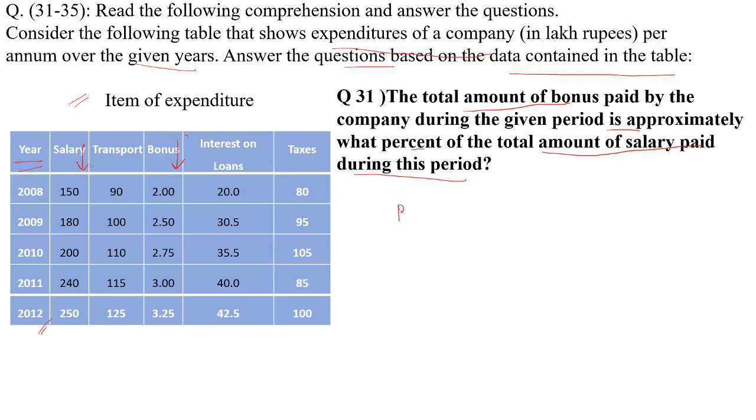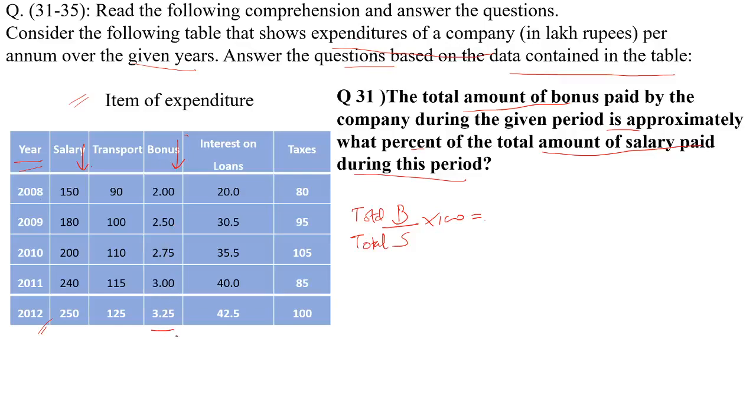What you will do is total of bonus upon total of salary into 100, right? So bonus is given 2 plus 2.5 plus 2.75 plus 3 plus 3.25. You will add all these values.